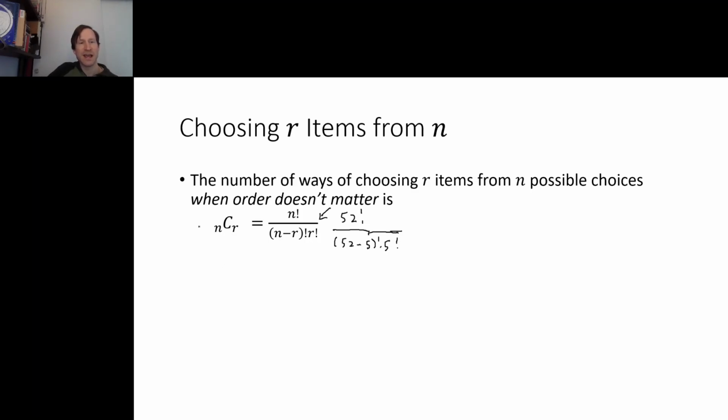This is written N and then a capital C and then a subscript R. It's a capital C because you're choosing instead of permuting. And this is read N choose R.